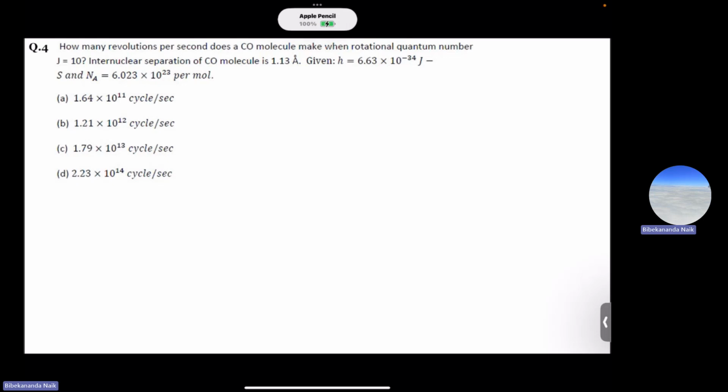So let's solve this question. In this question, the value of J is given. J is 10. From this J value, we know the rotational energy is given by h square by 2I into J into J plus 1.